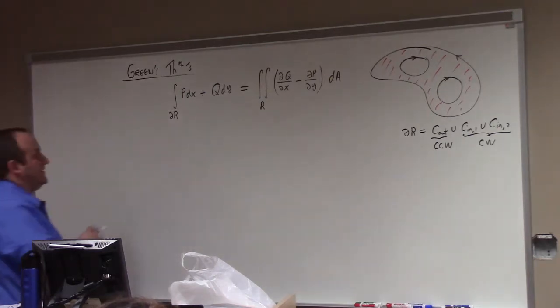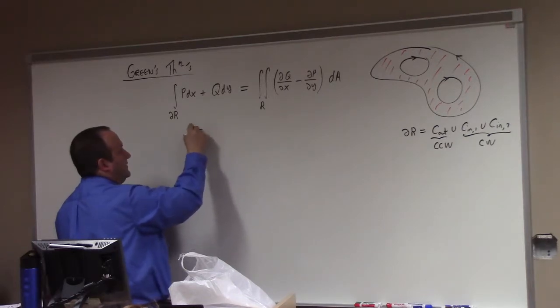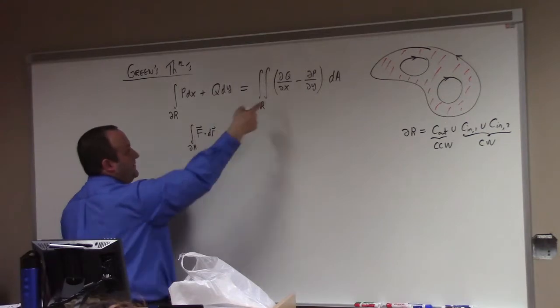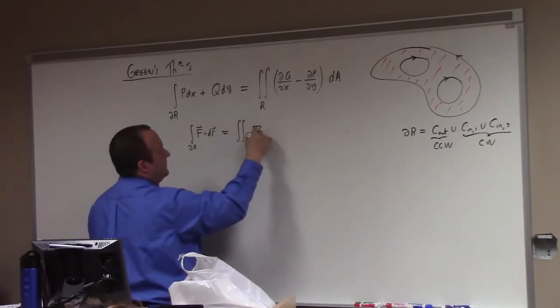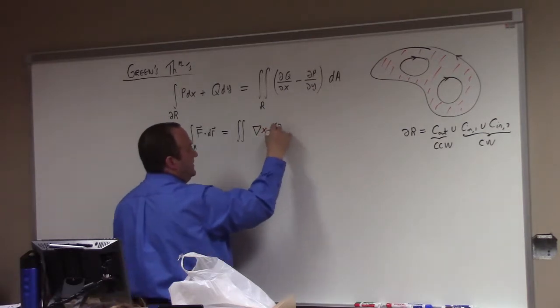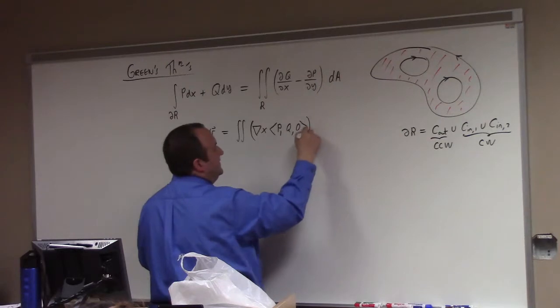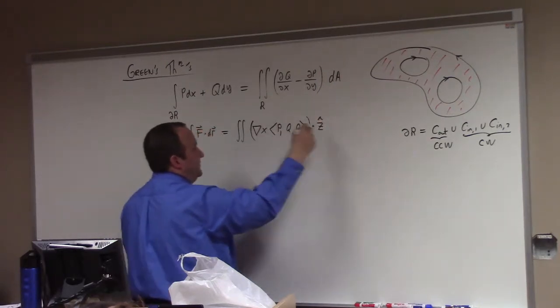Now this, of course, is the integral of F dot dr over the boundary of R. And on the other side, we have the integral over the curl of the vector field (p, q, 0). It's actually the z component of that, if you want me to get technical. Not that you do, but I'm going to.